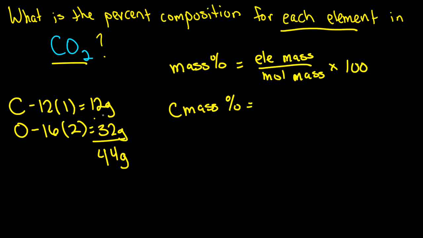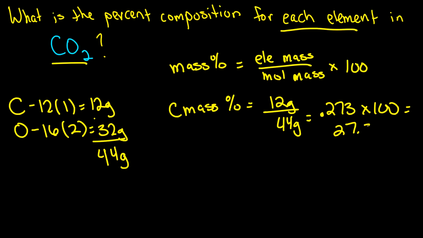We said our element mass was 12 grams divided by the total molar mass, which is 44 grams. Do that math real quick. 12 divided by 44. We get 0.273 times 100. We get 27.3% for carbon.